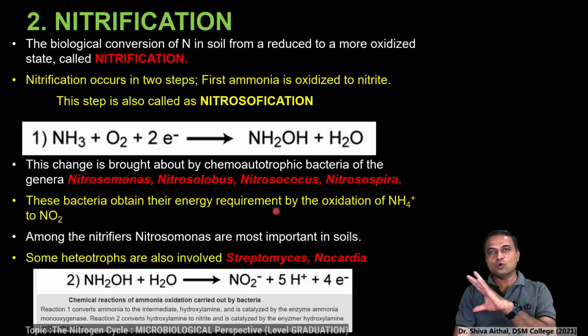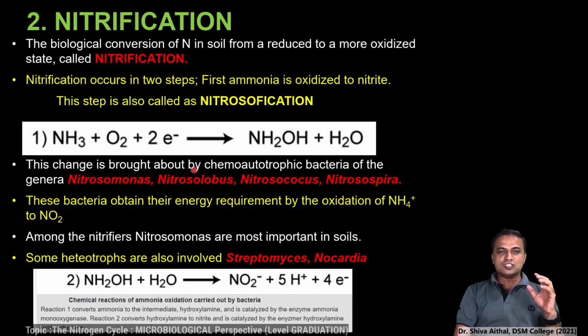So ammonia getting converted into hydroxylamine by the enzyme ammonia monooxygenase is the first part of nitrification. These bacteria obtain their energy by oxidation of ammonia, therefore they are chemoautotrophs: oxidation of ammonia to nitrite, NO2.